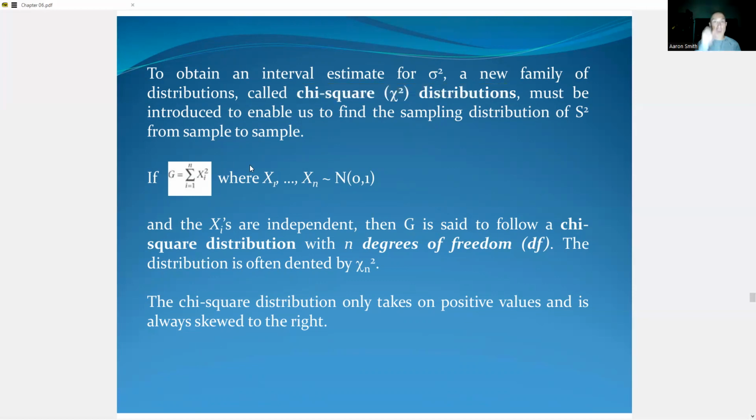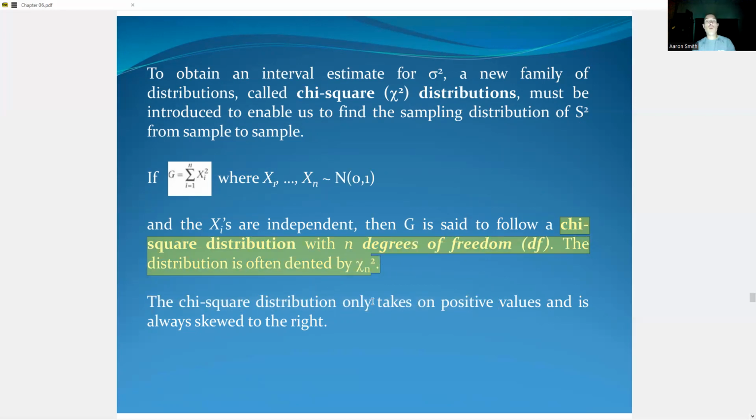It works out that if we take the sum of squared values where the values are independent, identically distributed standard normal, then this sum of squared values is said to follow a chi-squared distribution with n degrees of freedom. We're going to call this distribution chi-squared with n degrees of freedom.